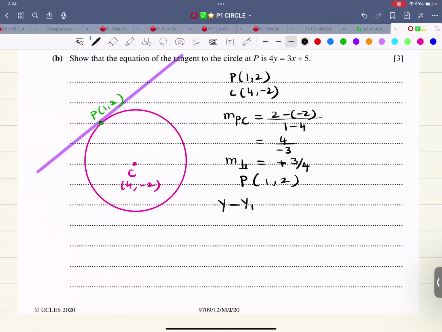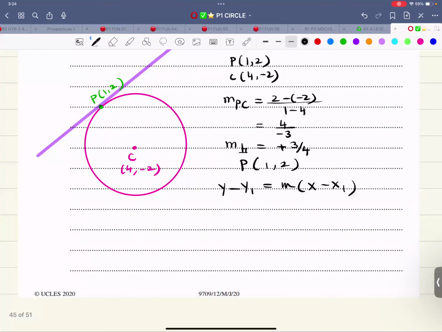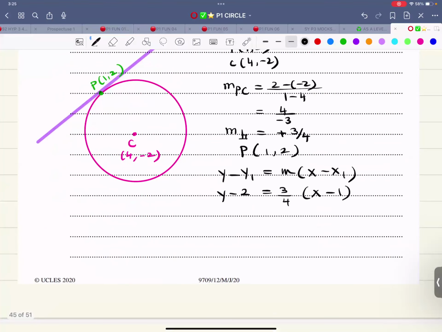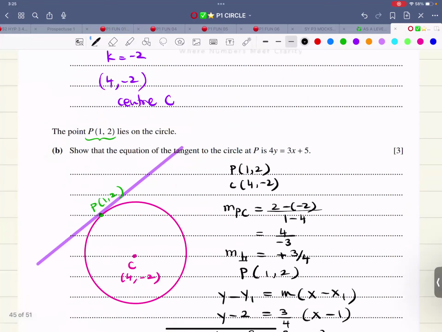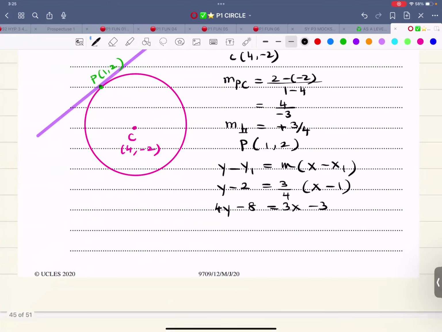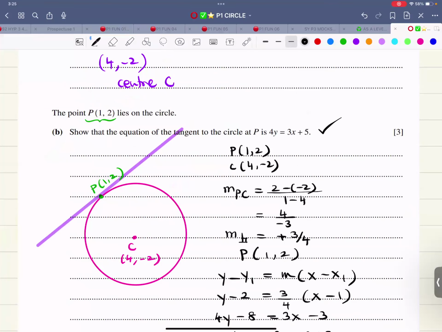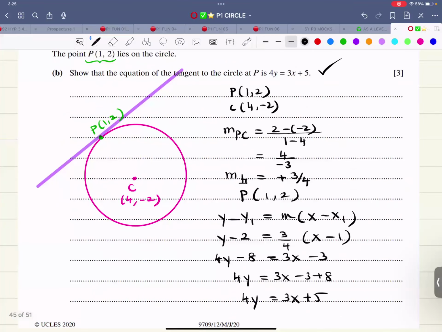Therefore, y minus y1 is equal to m times x minus x1. Lot of straight line coordinate geometry is used. y minus 2 is equal to 3/4 times x minus 1. And what is the format? They have cross multiplied. 4y minus 8 equals 3x minus 3, first y on the left, rest on the right. 4y is equal to 3x minus 3 plus 8. 4y is equal to 3x plus 5, which is the equation right over here. So all good, all clear?